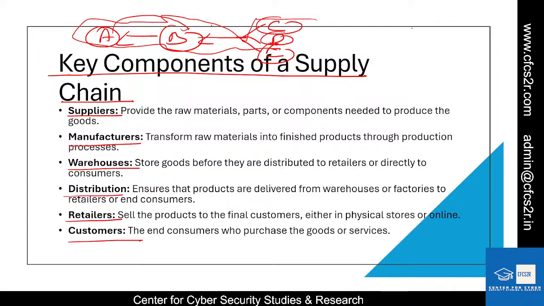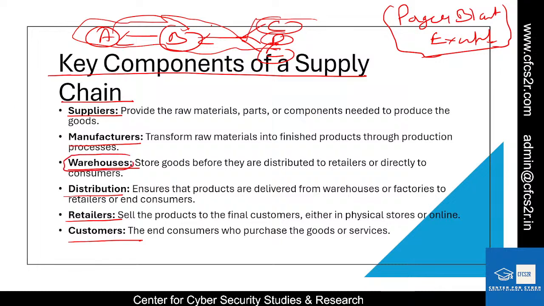If I talk about the recent pager blast example, the recent reports are saying that the issue lies with the warehouses, where the explosives were added along with the battery in the pagers, because everything else was clean.